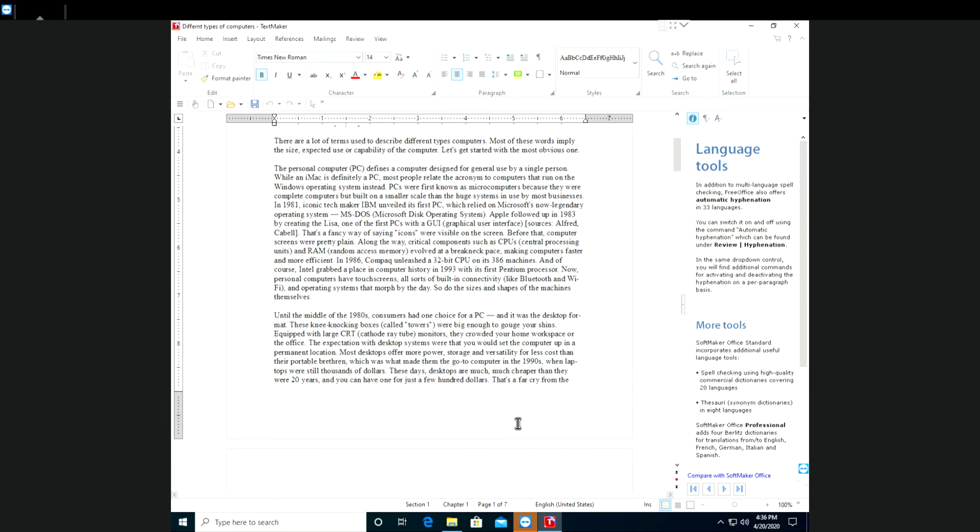Until the middle of the 1980s, consumers had one choice for a PC. It was a desktop format. These knee-knocking boxes were big enough to gouge your shins, equipped with large CRT, cathode ray tube, monitors. They crowded your home workspace or the office.